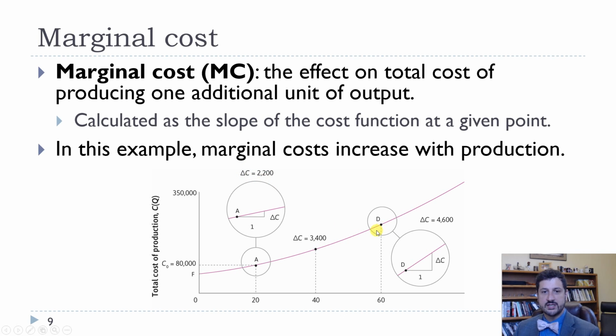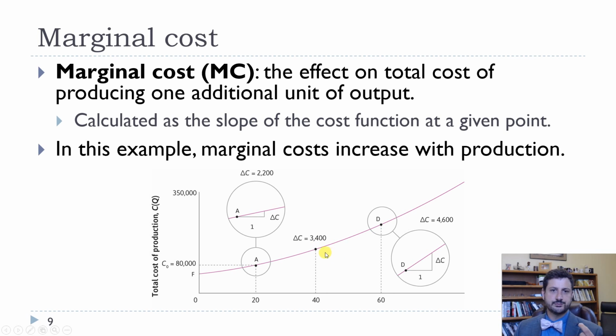Whereas over here at point D, you can tell the total cost curve here is steeper, so we would expect the marginal cost to be larger. And in that case, increasing from 60 to 61 increases our cost by 4,600. And over here at point, I forget what we called it, B, I think, our change in cost is 3,400.